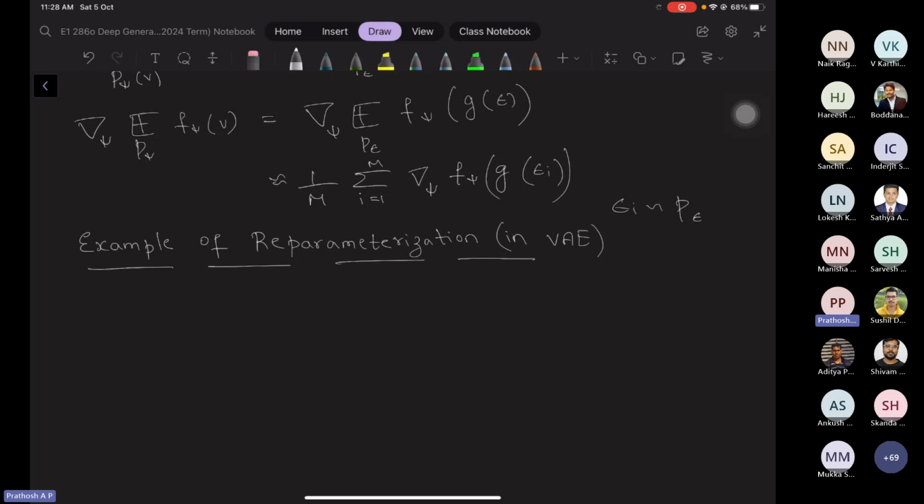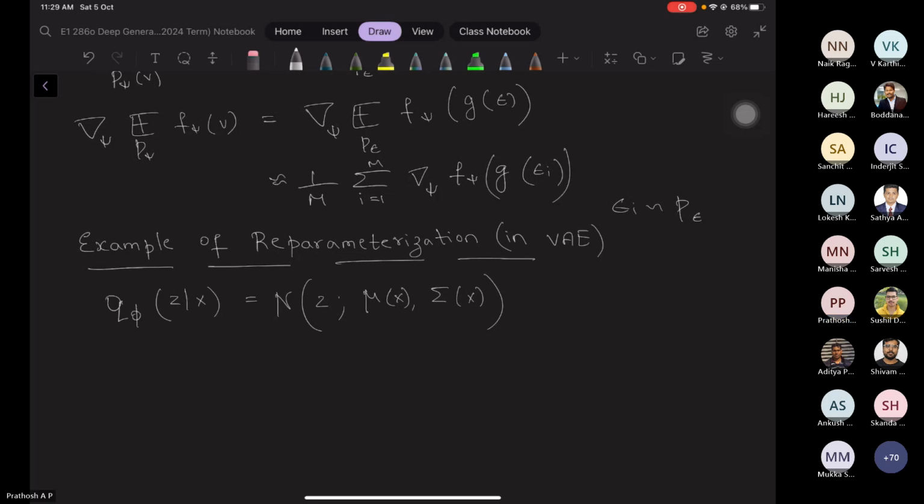Let us take the same example where my q phi of z given x is a Gaussian distribution, and it has parameters, let's say mu of x and sigma of x.